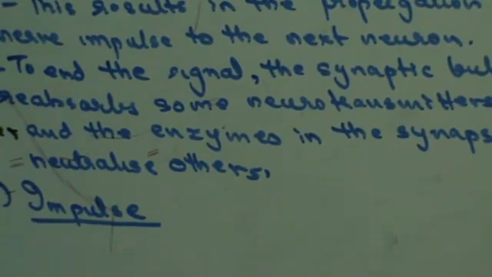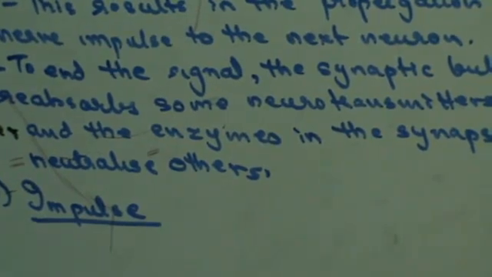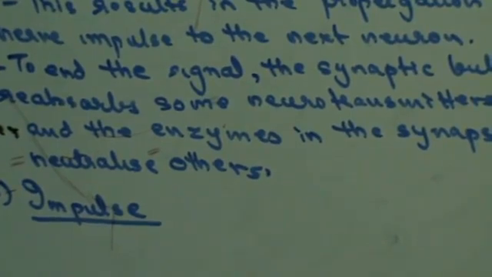The sum total of all these electrochemical changes is called a nerve impulse. Now, because of these electrochemical changes, two processes take place: polarization and depolarization, right? These two processes help in carrying the signal from one end to the other in the form of a wave. So, what is an impulse?